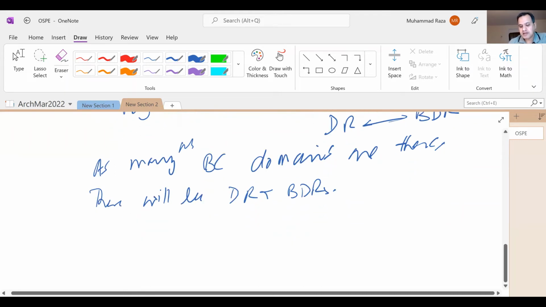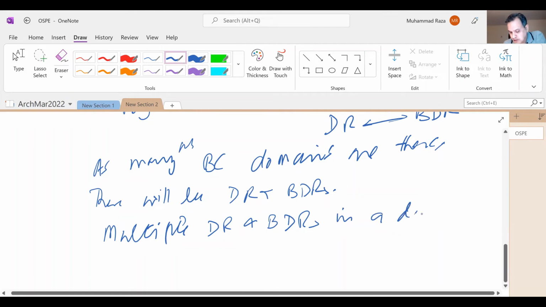What does that mean? That means there would be multiple DRs, BDRs. There's the potential of having multiple DR and BDR in a domain of an OSPF network.